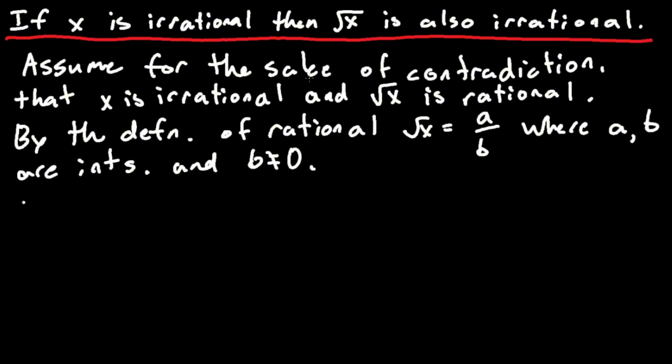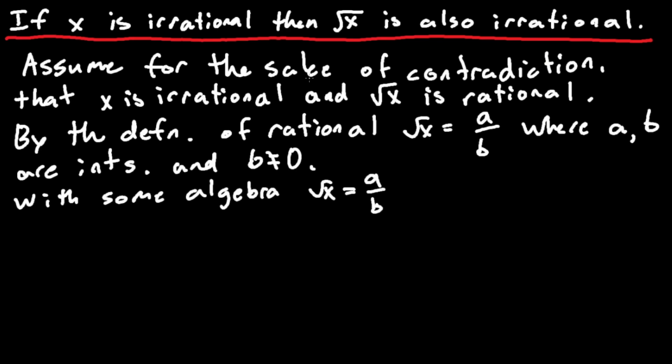So let's just write this down with some algebra. The square root of x is equal to a over b, and we can turn this into the square root of x squared is equal to a squared over b squared, where b squared is not equal to 0.